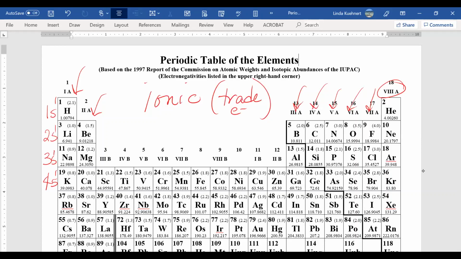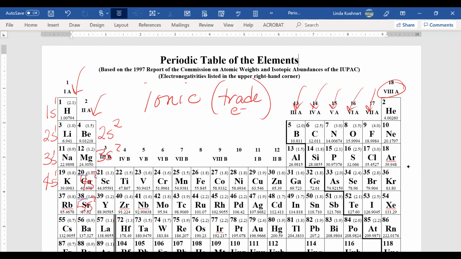If we look at beryllium, its last electrons have gone in a 2s and it has 2. Magnesium is a 3s and has 2. Calcium is a 4s, has 2. Strontium is a 5s and has 2. And again, that group or family has the same number of valence electrons.